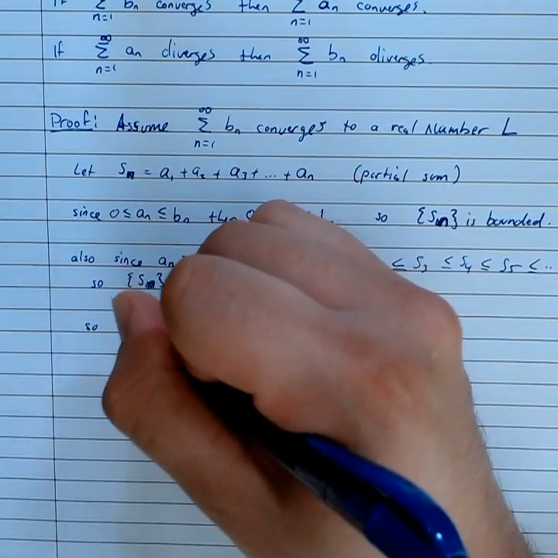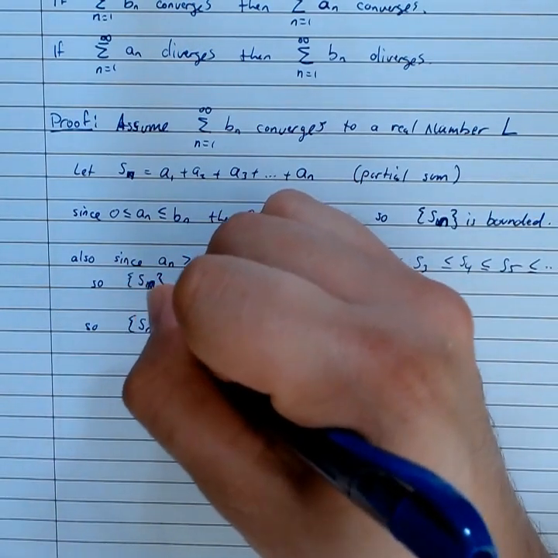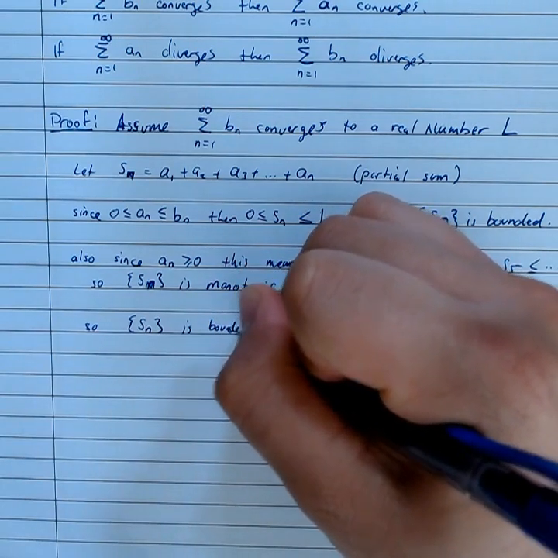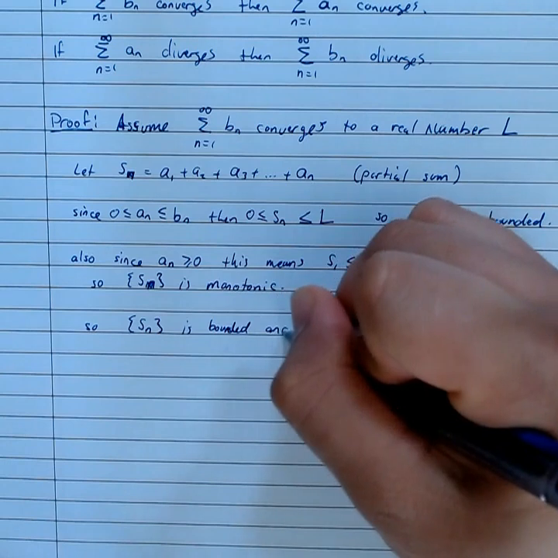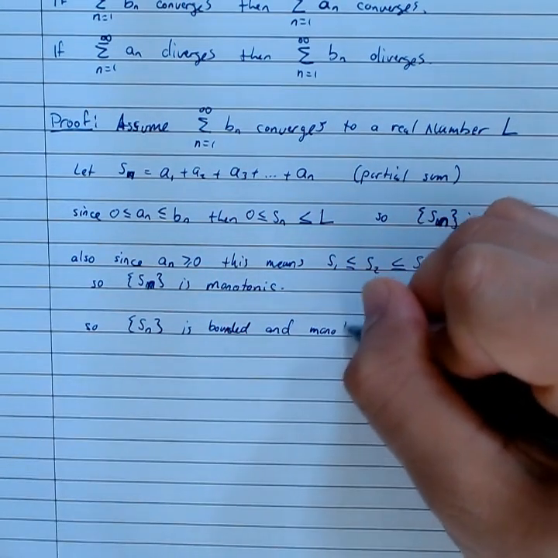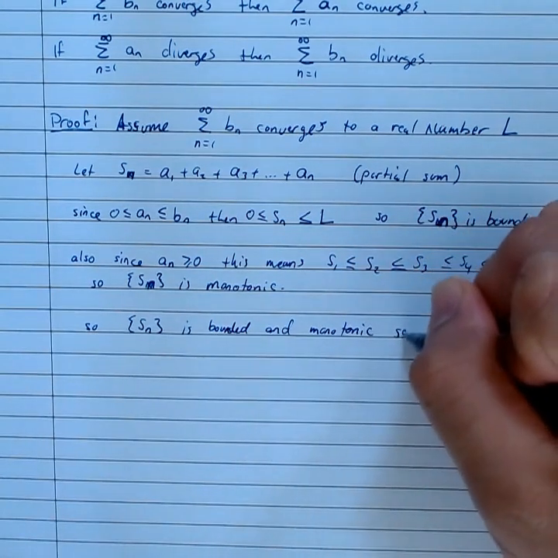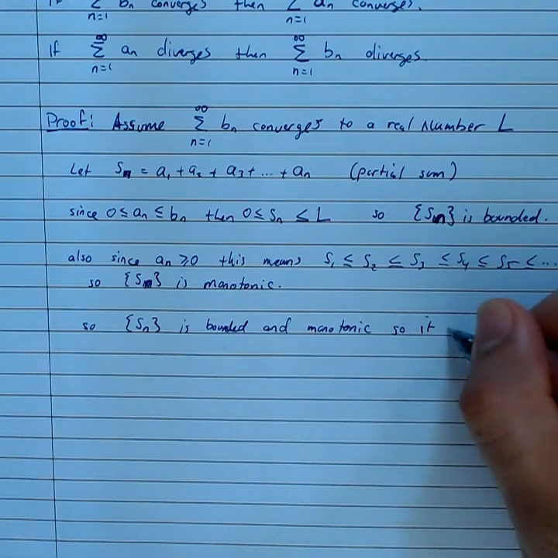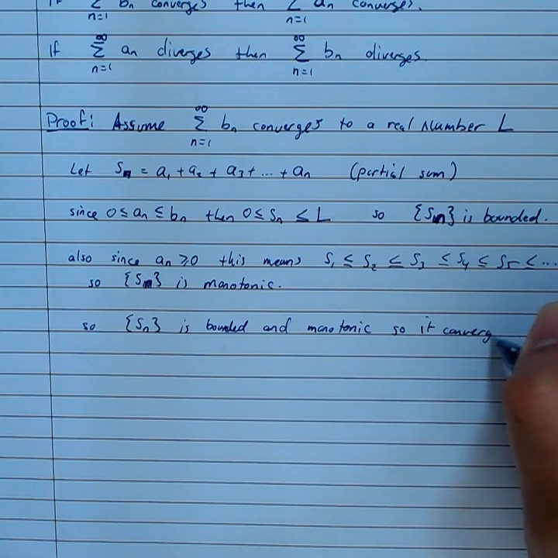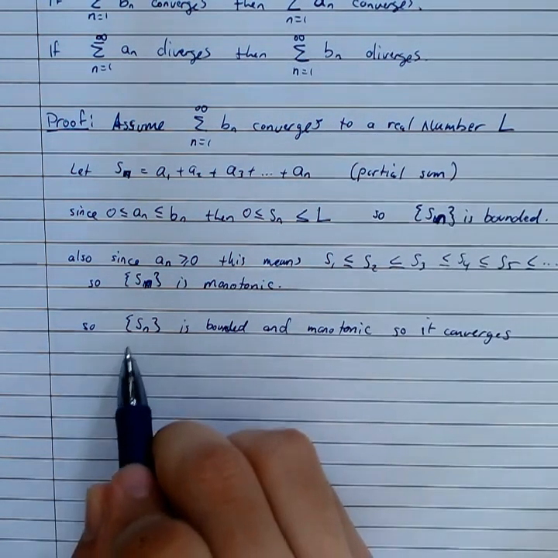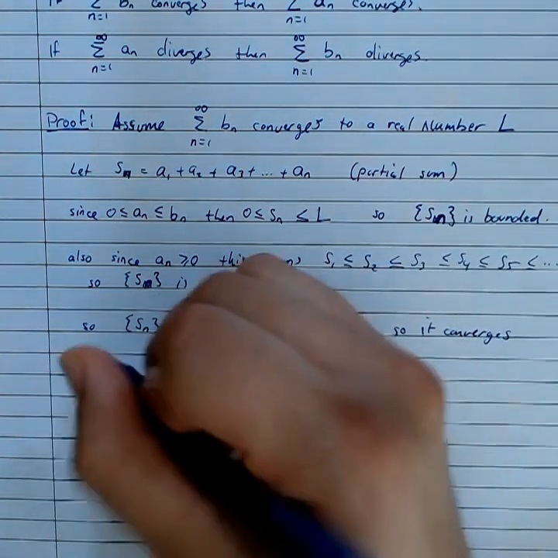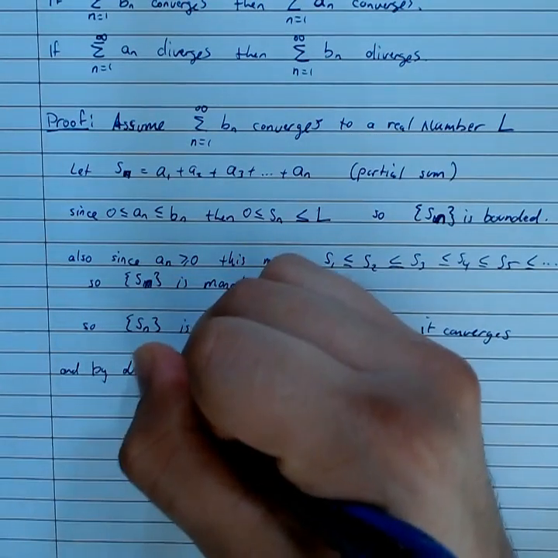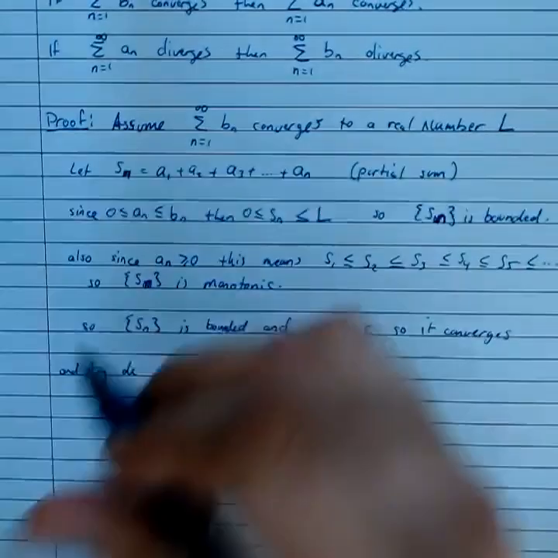So the sequence of partial sums is bounded and monotonic, so it must converge. But if the sequence of partial sums converges, by definition, that means the infinite series converged.